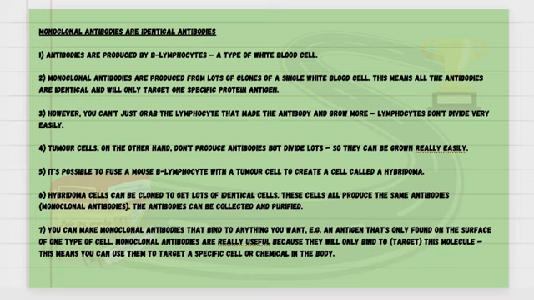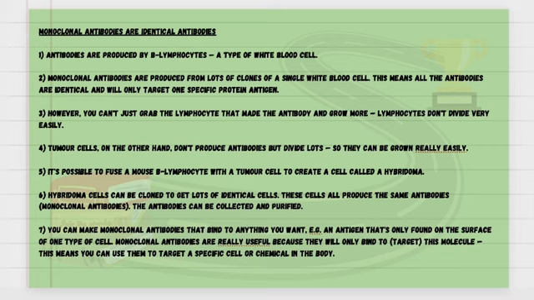However, you can't just grab the lymphocyte that made the antibody and grow more. Lymphocytes don't divide very easily. Tumor cells, on the other hand, don't produce antibodies but divide lots, so they can be grown really easily.